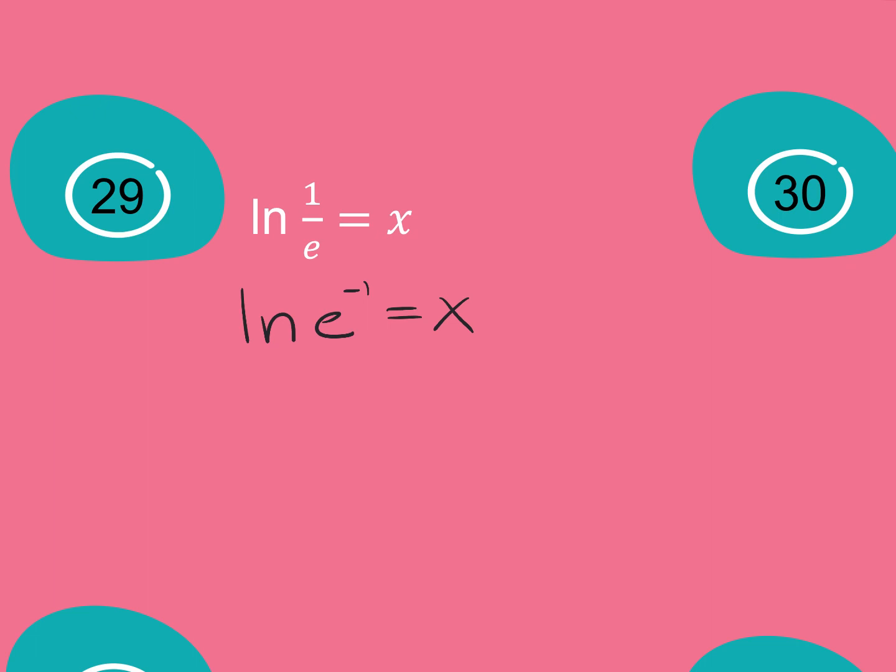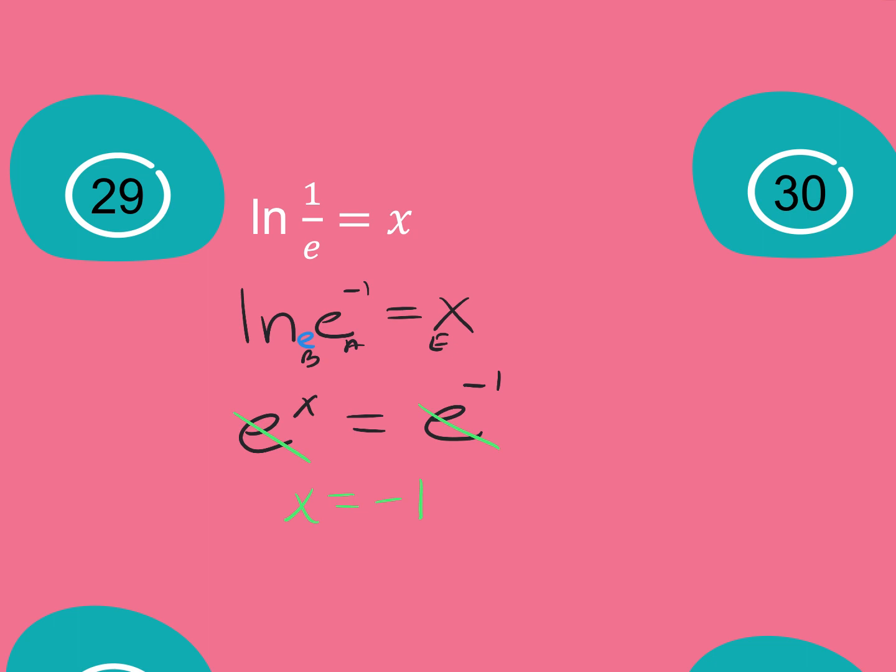So again, remember, it's got the little assumed e here. So this would turn into BAE again, and it would be e raised to the x is equal to e to the negative 1. We use our one-to-one property that we learned back in 5.1. The base cancels, and you're left with x equals negative 1.